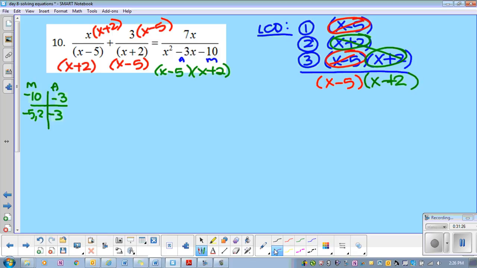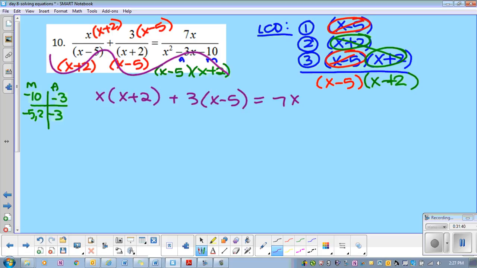All right, so then I need to cancel out the bottom. And then I have my equation at the top. So x times (x plus 2) plus 3 times (x minus 5) equals 7x.